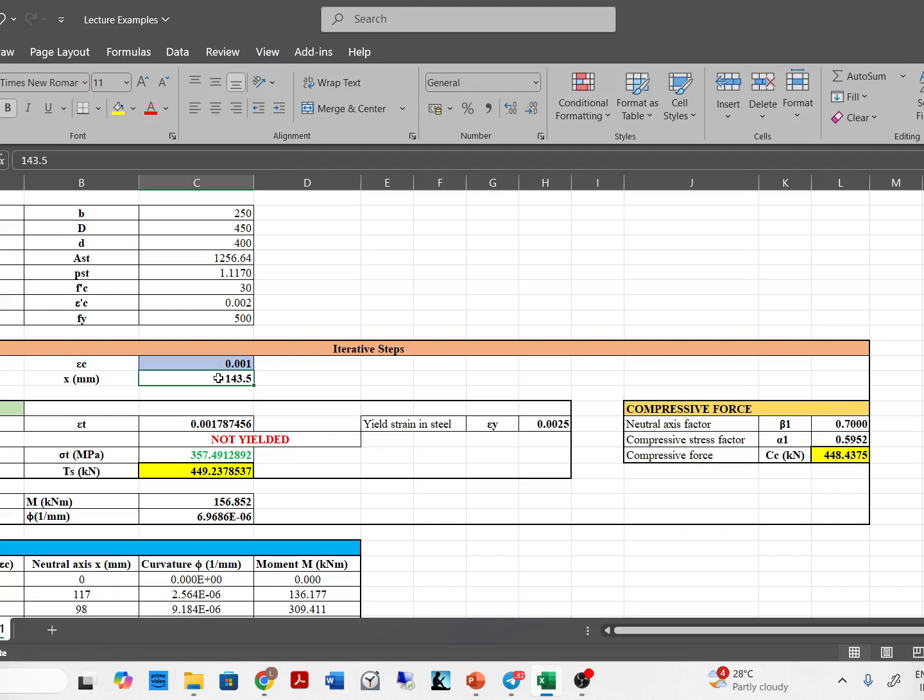Okay, increase it slightly, 143.6. Yeah, I think this perfectly balances the compressive force along with the tensile force.